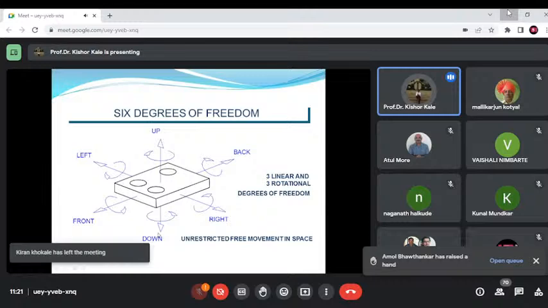Now the second datum plane is established by two points in contact with simulated datum B. That means only two points are required to define this plane. Whereas these three points, one, two, three, are required to define plane A. In terms of degrees of freedom, when we specify three points, we are locking three degrees of freedom in the primary datum.